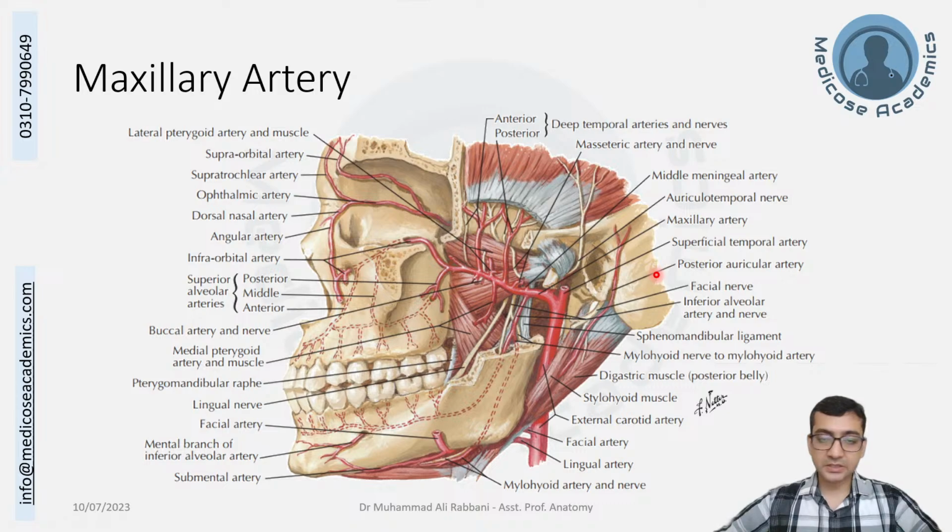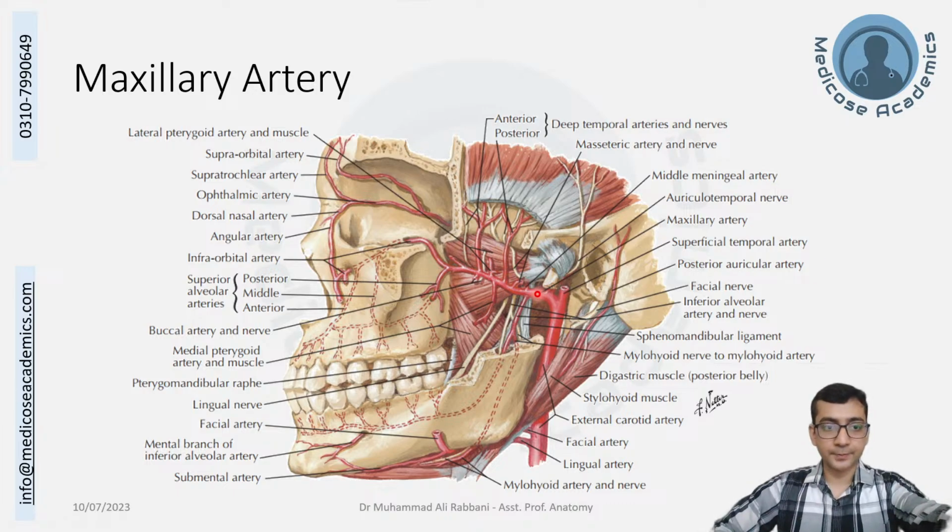First, let's discuss where the maxillary artery originates and where it ends. It originates from the bifurcation of the external carotid artery. This is one of the two terminal branches of the external carotid artery.